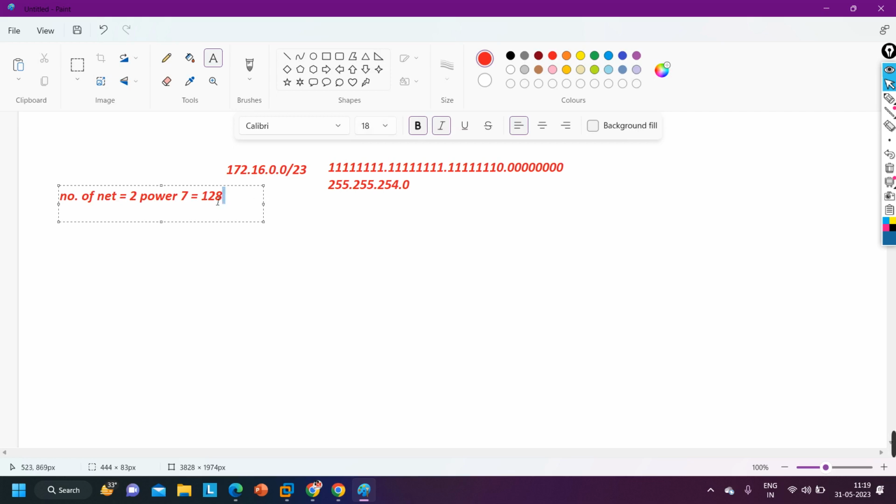See, now my number of networks is large, so definitely the number of valid hosts per network will be less. Okay.